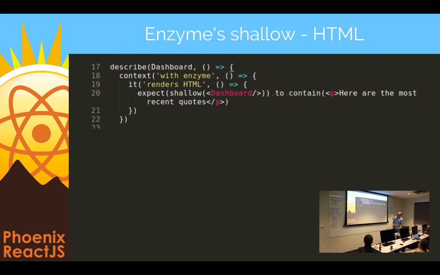Okay. And here's Enzyme's shallow method. Again, the shallow method is going to give you back a wrapper that you can start to call methods on. So one of their convenience methods that they give you is contains.